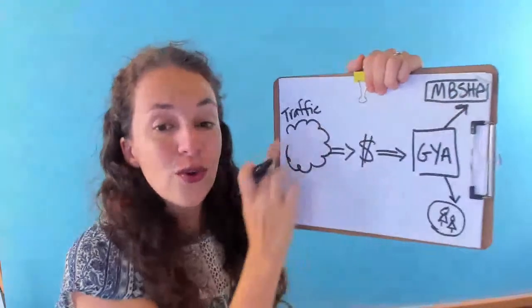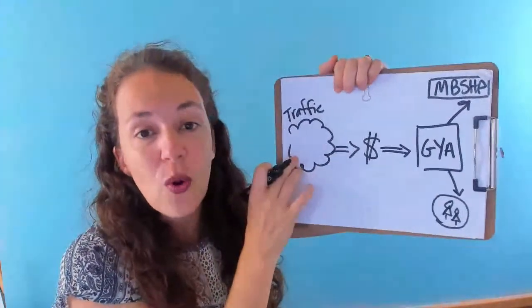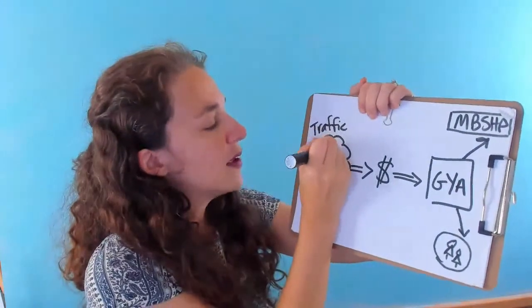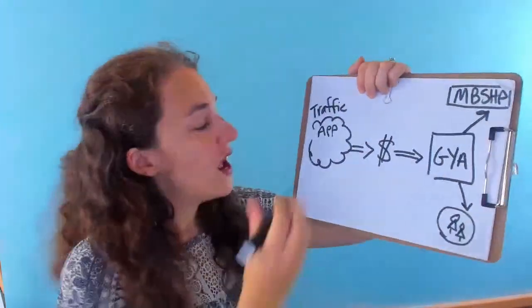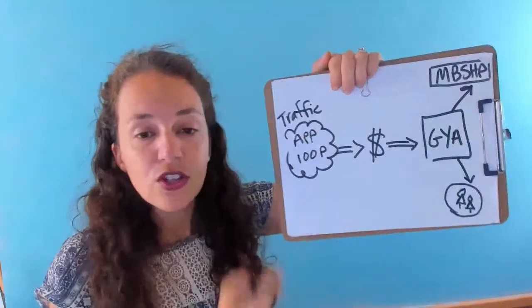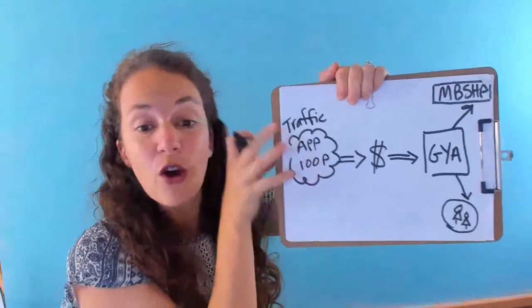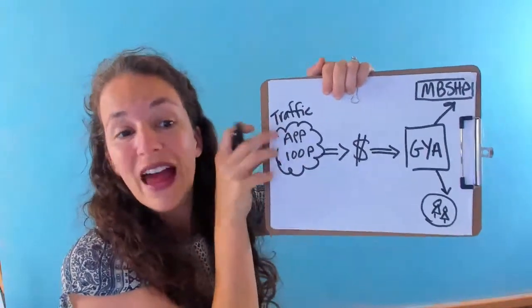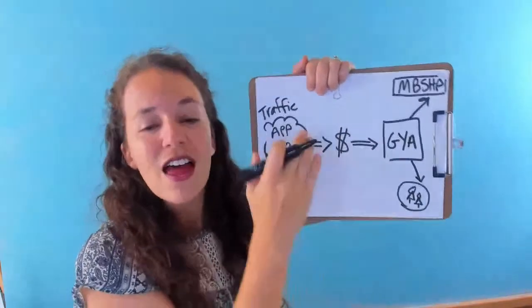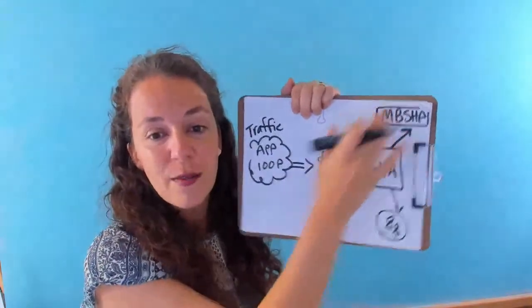Inside of here I also have paid products. I have my app, which is a paid product, and I also have a challenge, which I'm going to call 100 Perfect People. So this is the flow. I have paid products here that are my traffic. Then I have a sales sequence, a sales process, then it goes into my course, then into my membership.